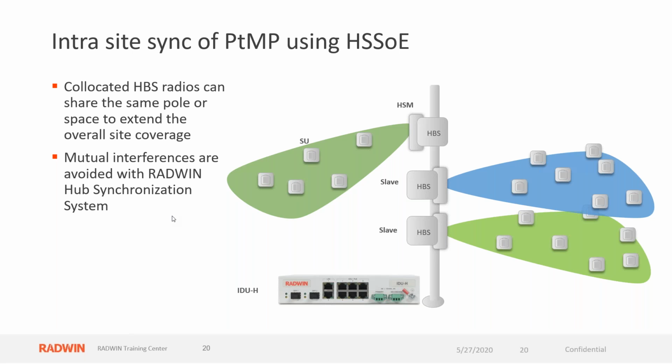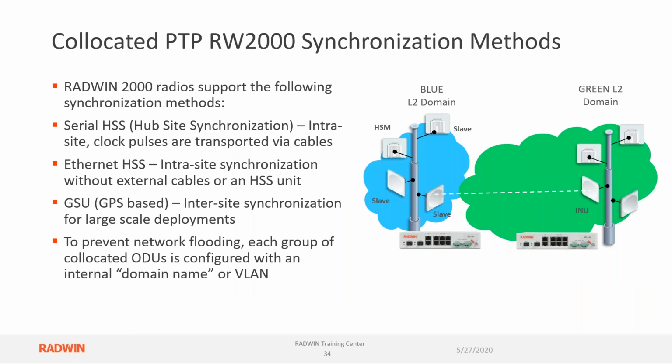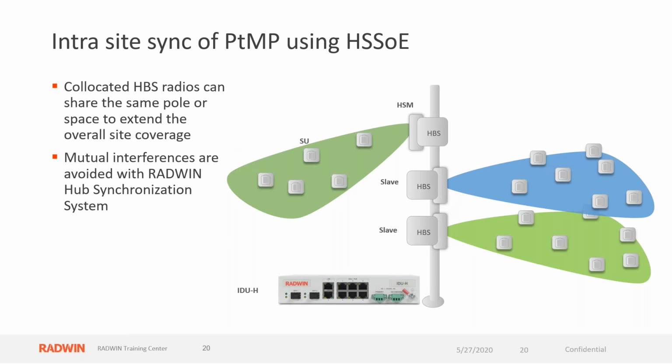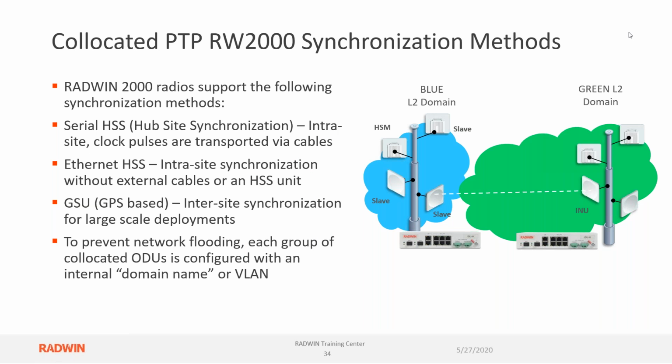In a point-to-point solution, we need to do the same. We have one unit become the master, the other slave. Remember that only the base station can generate or inherit the clock. The subscriber unit cannot get the clock.